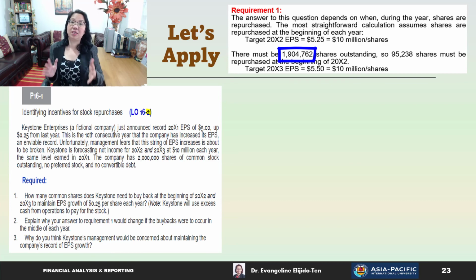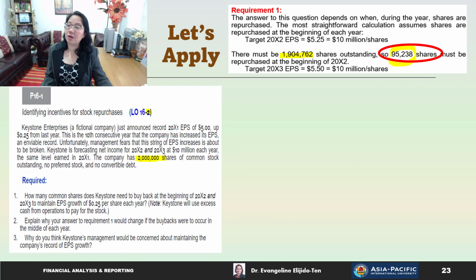That should be the shares outstanding. Currently, the company has 2 million shares. So if we deduct 1,904,762 from the 2 million shares that the company has, that means they must buy back 95,238 shares in order for them to increase their EPS from $5 to $5.25 in 20x2.